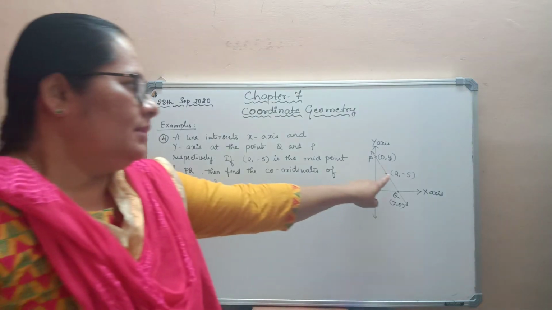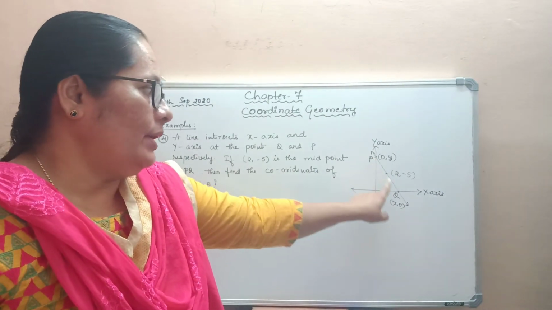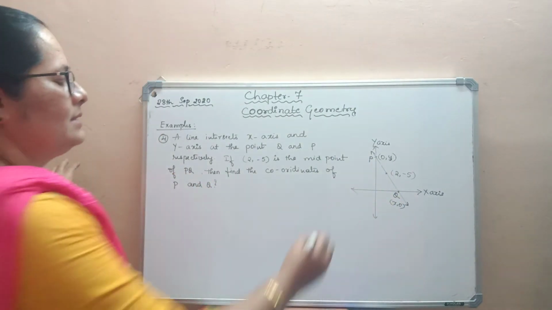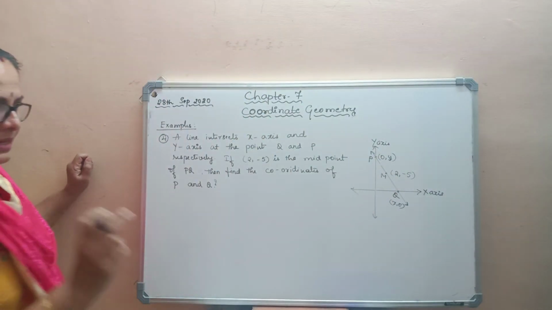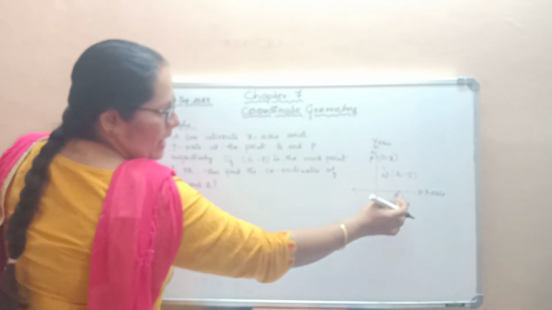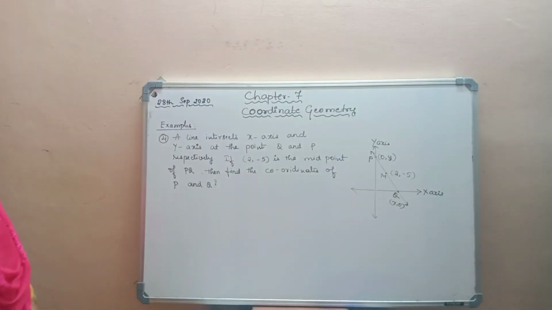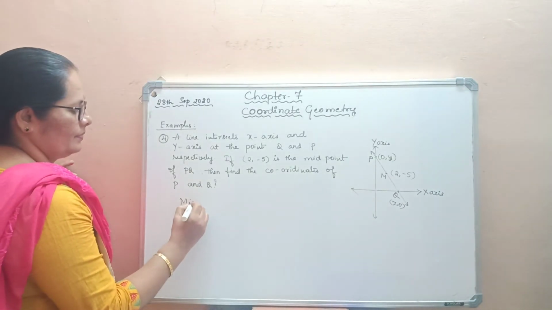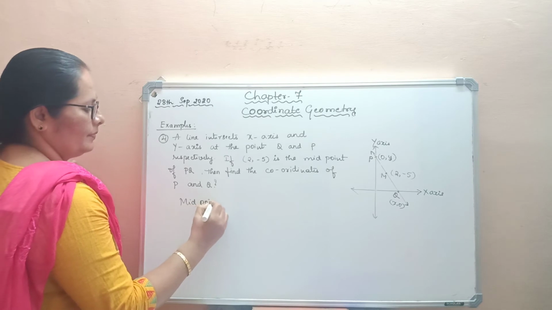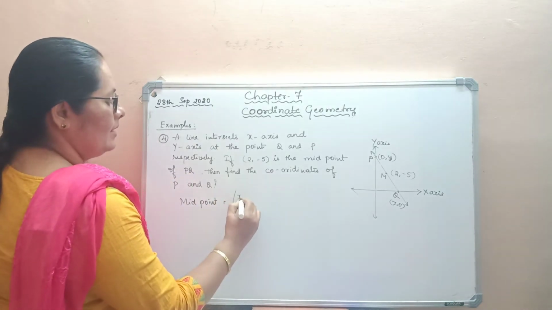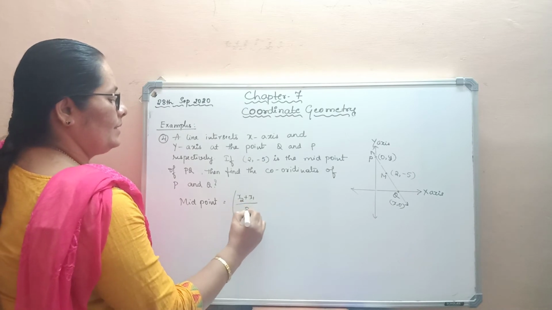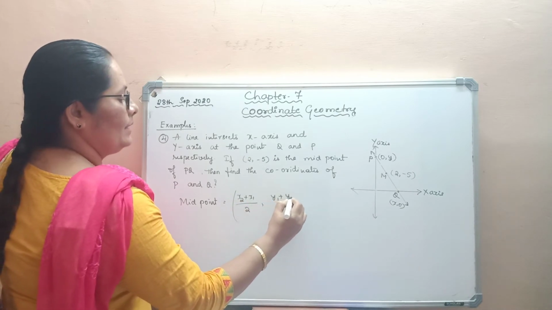And this point is the midpoint of PQ, so take it as M. M is the midpoint of PQ. How will you calculate the coordinates of P and Q? You know that the midpoint can be calculated using the formula (x1 plus x2) by 2, (y1 plus y2) by 2.